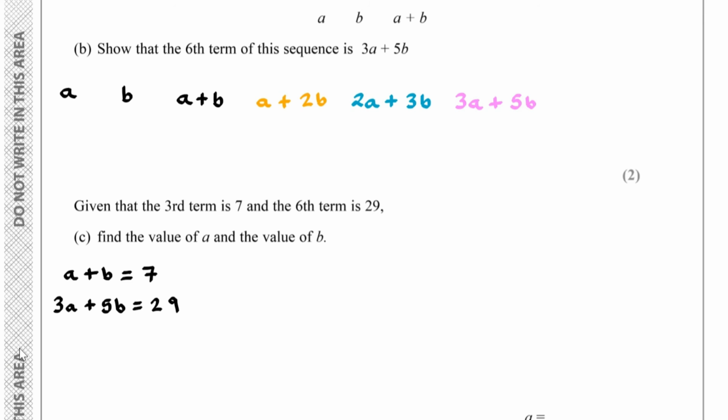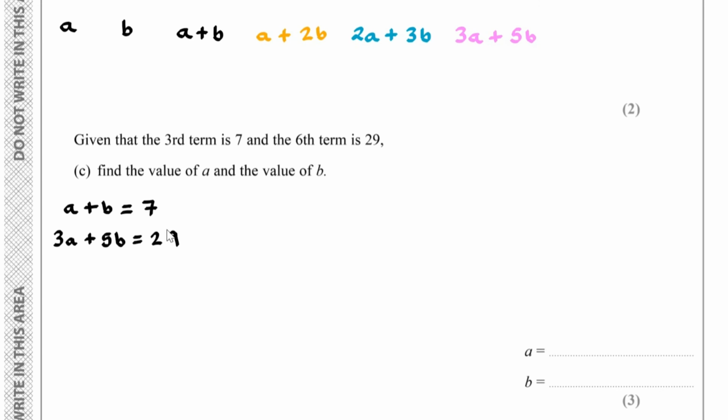We have simultaneous equations which we need to solve. If I call this equation 1 and this equation 2, what we can do is get the B's the same by multiplying equation 1 by 5.